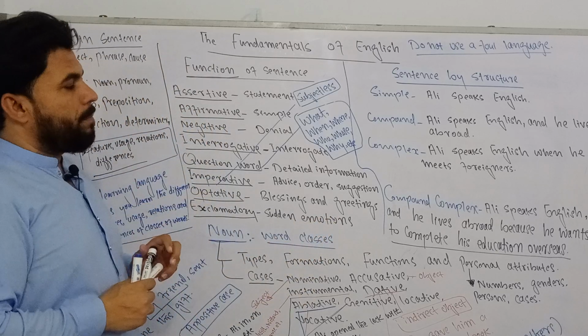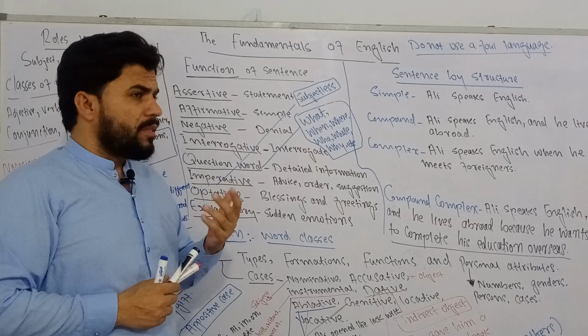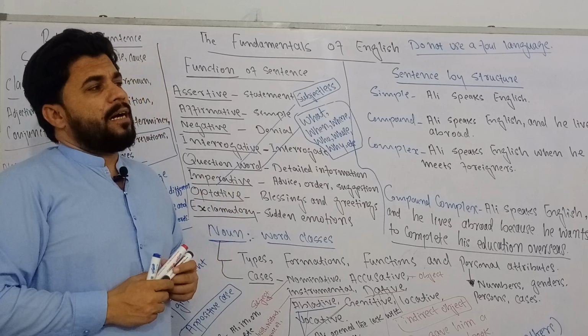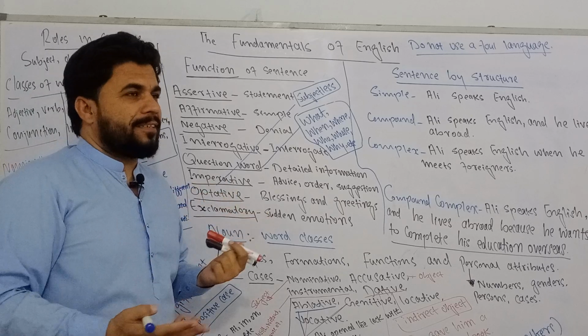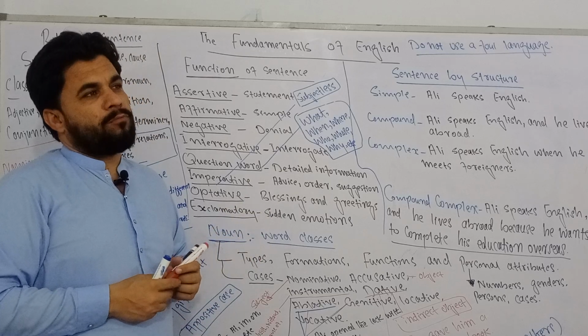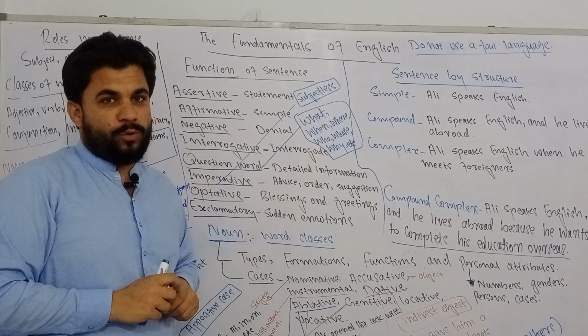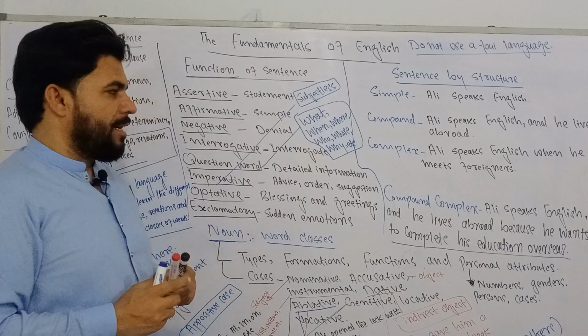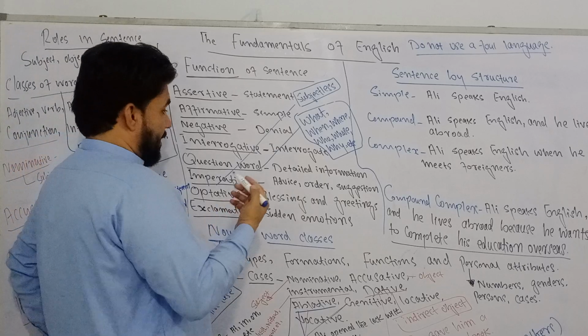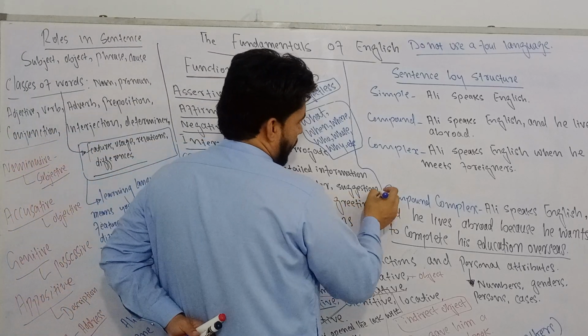And then we have optative sentences. In optative sentences, you convey blessings or greetings to someone, or you give prayers to someone. So such sentences are called optative sentences. Such as, now look at this example over here.